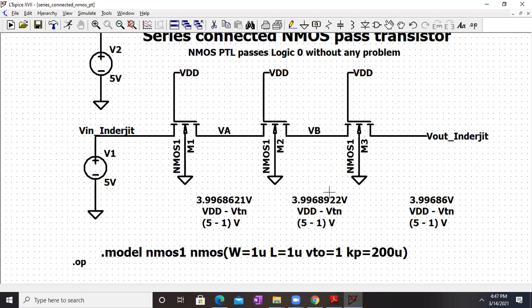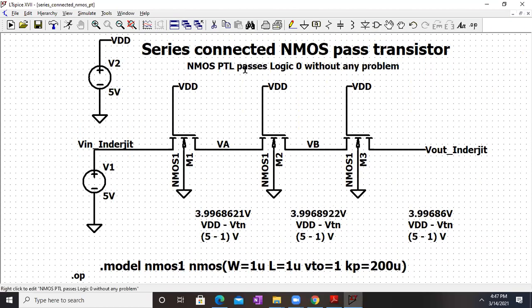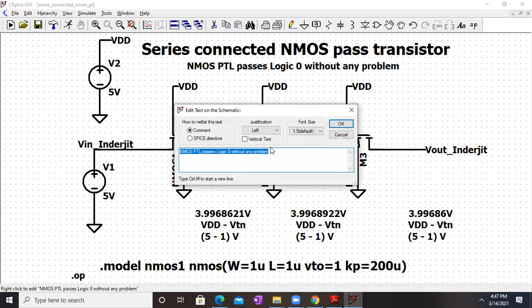Now, since we have seen this simulation, that means NMOS pass transistor logic passes weak logic 1. That is, it passes VDD minus VTN voltage at the output.